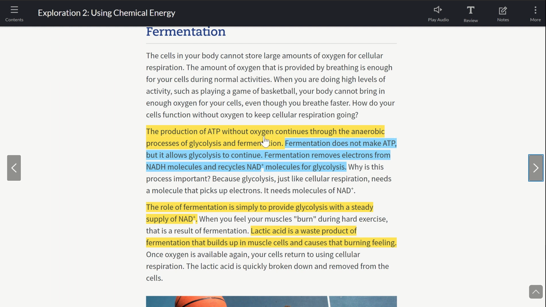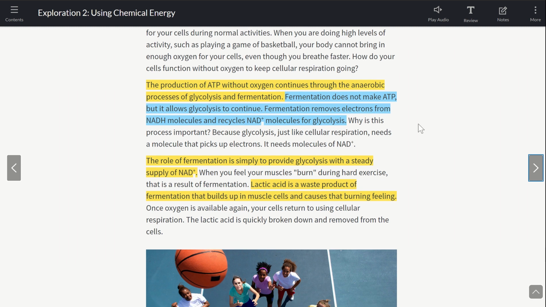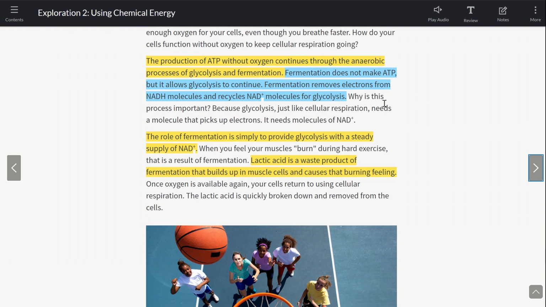The production of ATP without oxygen can happen through what's called fermentation. Fermentation is an anaerobic process, which means it doesn't require oxygen. What fermentation does is it allows glycolysis to continue, because in order for your cells to be able to keep breaking apart that initial sugar molecule to make a small amount of ATP, there has to be an Uber driver, per se.